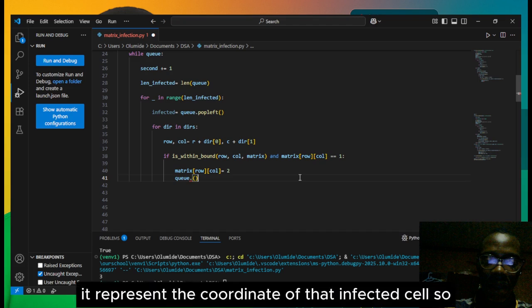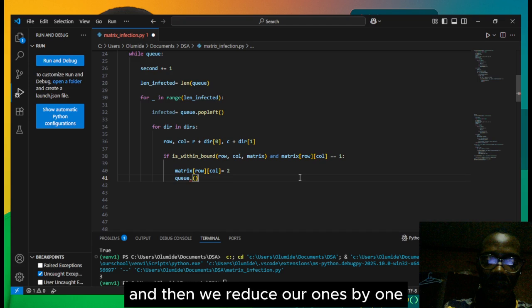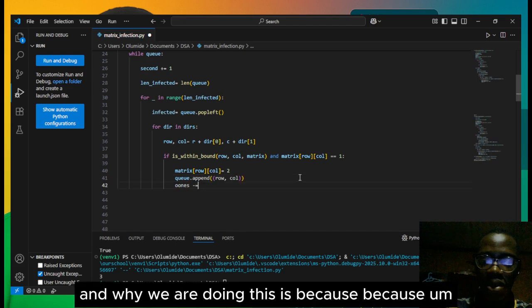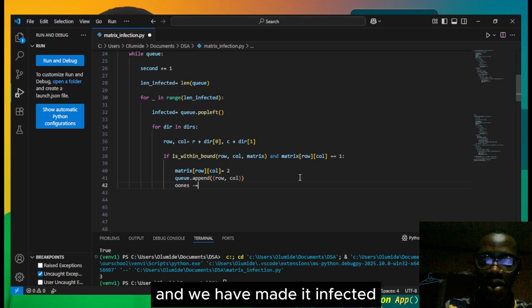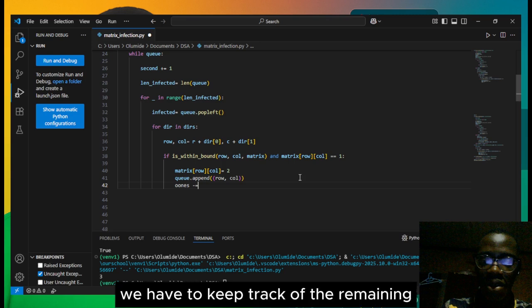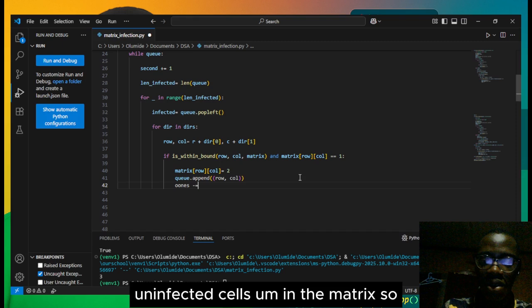So it represents the coordinate of that infected cell. And then we reduce our ones by 1. Why we are doing this is because this particular cell was an uninfected cell, and we have made it infected. We have to keep track of the remaining uninfected cells in the matrix.